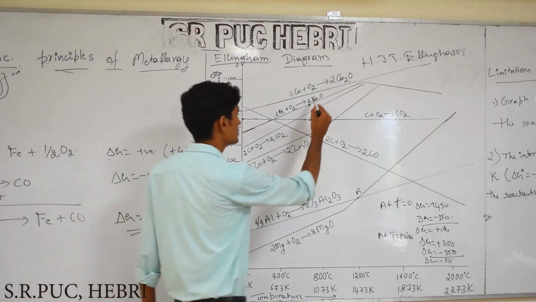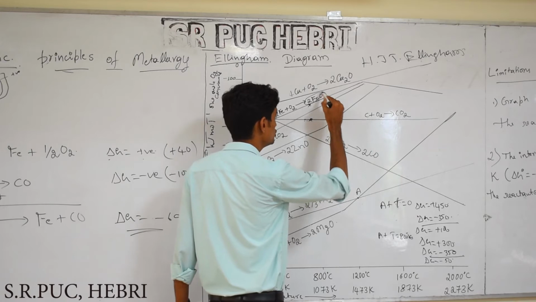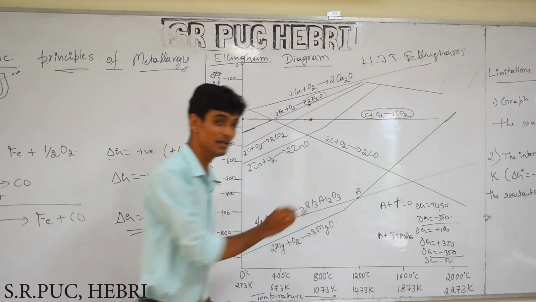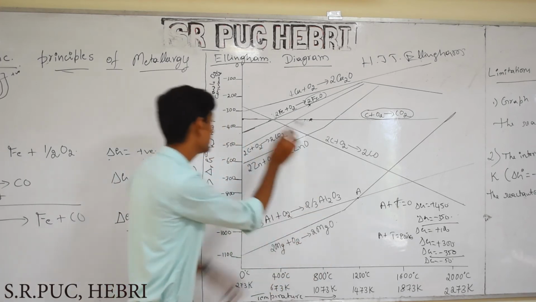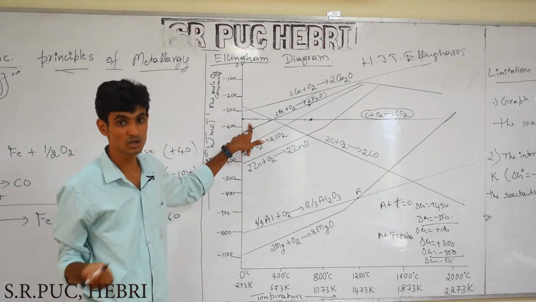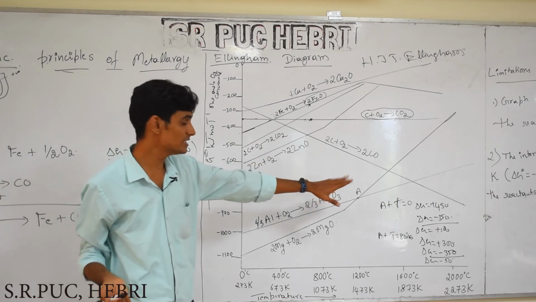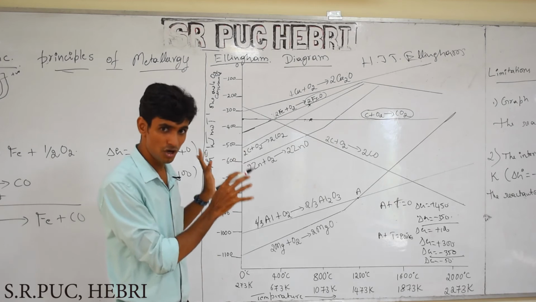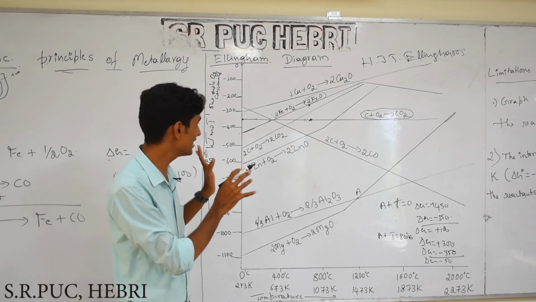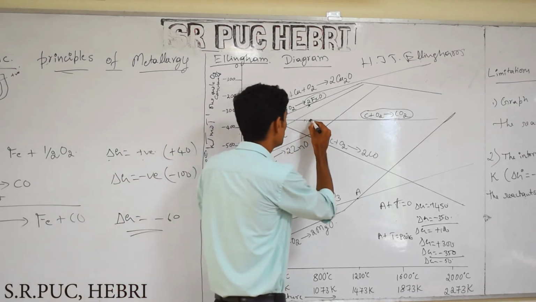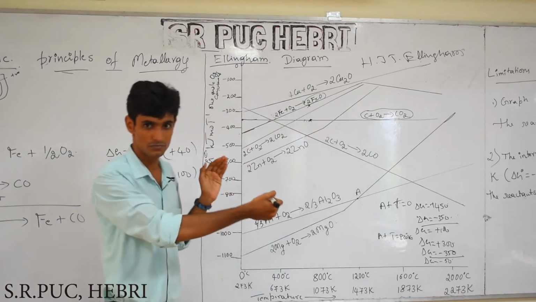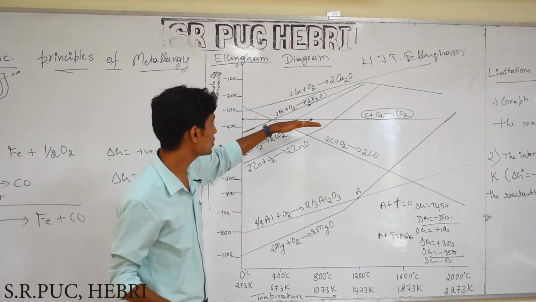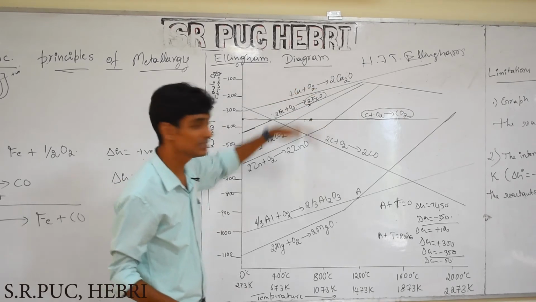The reduction of this iron oxide using carbon as reducing agent is possible at this temperature, but at 0 degree Celsius it is not possible because the delta G value is positive. So by looking at this graph or plot, you can decide that a curve which lies below can reduce the metal oxides present above it in this graph.